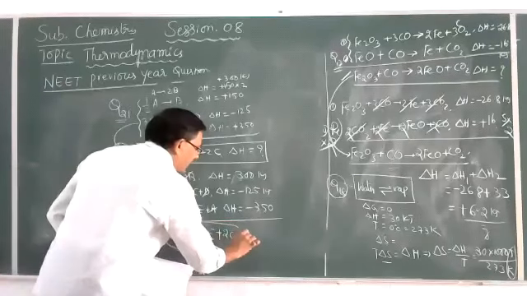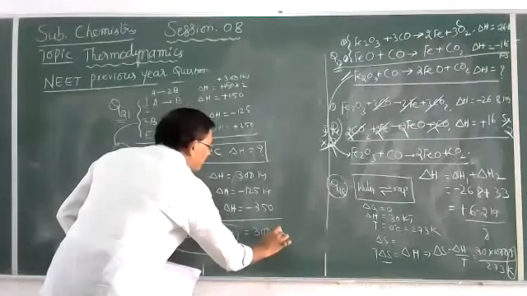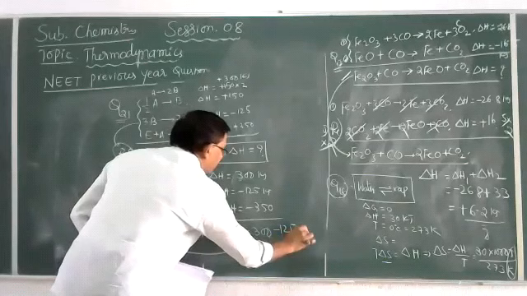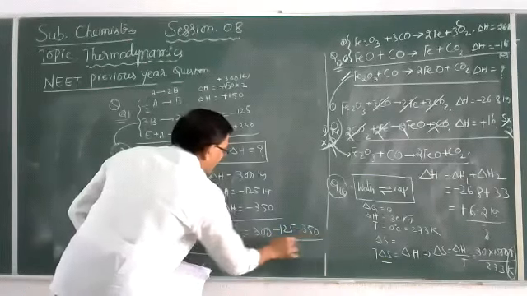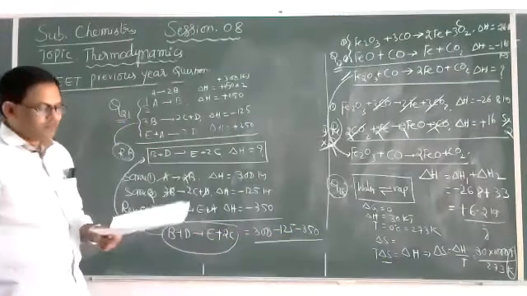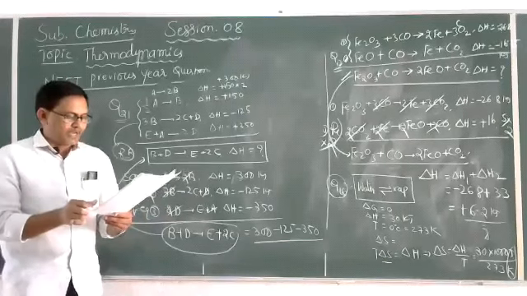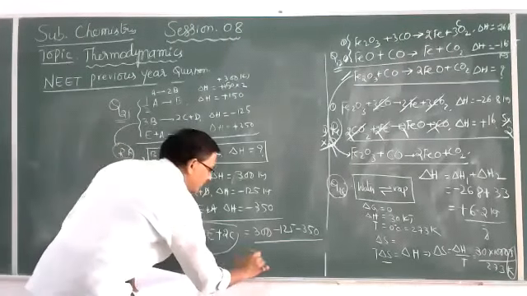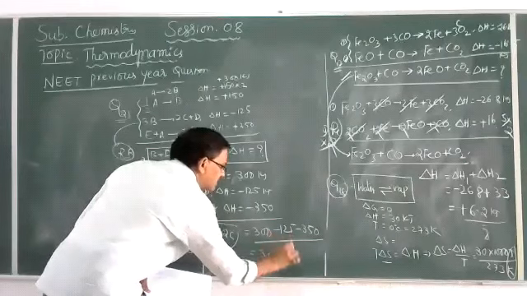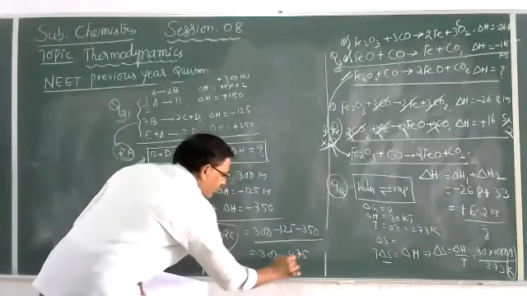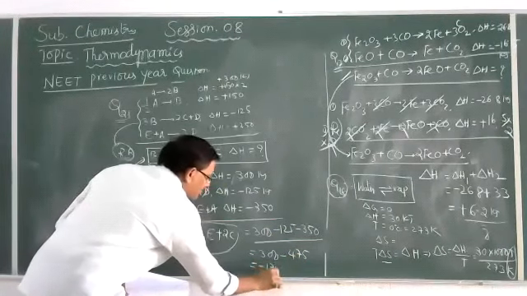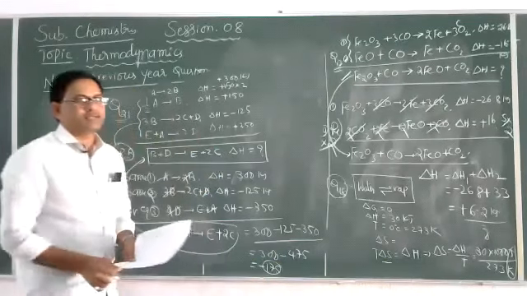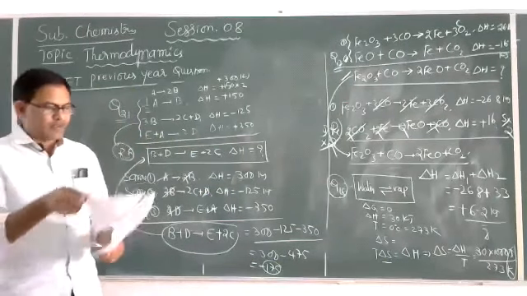Just add all these: 300 minus 125 minus 350. Now the answer: 300 minus 475, which is minus 175 kilojoules. Answer. Okay. Next.